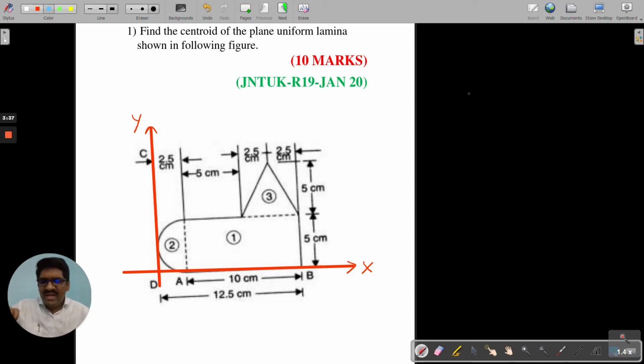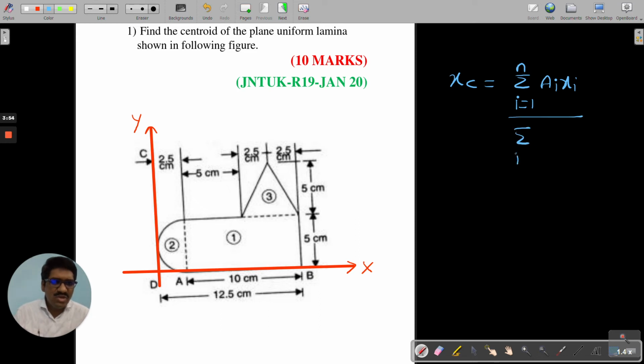For n number of areas, xc will be equal to the summation of i equal to 1 to n of Ai xi divided by the summation of i equal to 1 to n of Ai. How many areas are there here? Three: area 1, area 2, area 3.